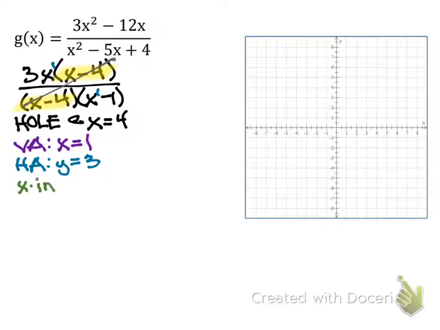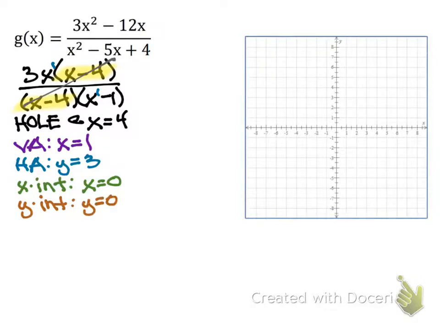X-intercepts. For x-intercepts, we're looking at zeros of the numerator. What value of x would make the numerator equal to 0? That would be x equals 0. Looking at y-intercepts. Y-intercepts occur when x is 0. If we replace the x's with 0, we are going to get 0.